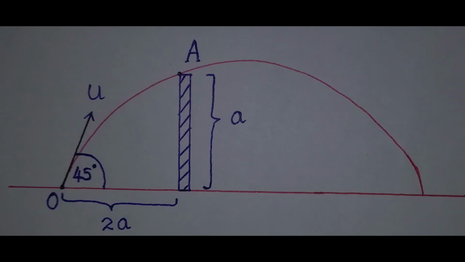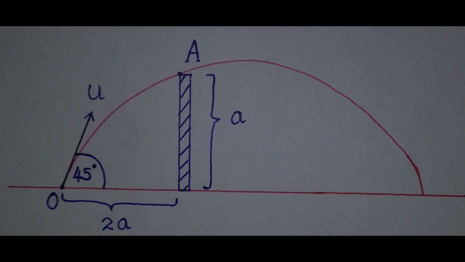The projectile motion is starting from point O with an initial velocity u, making 45 degrees to the horizontal, and there is a wall which is 2a distance away from O, and the height of the wall is a.